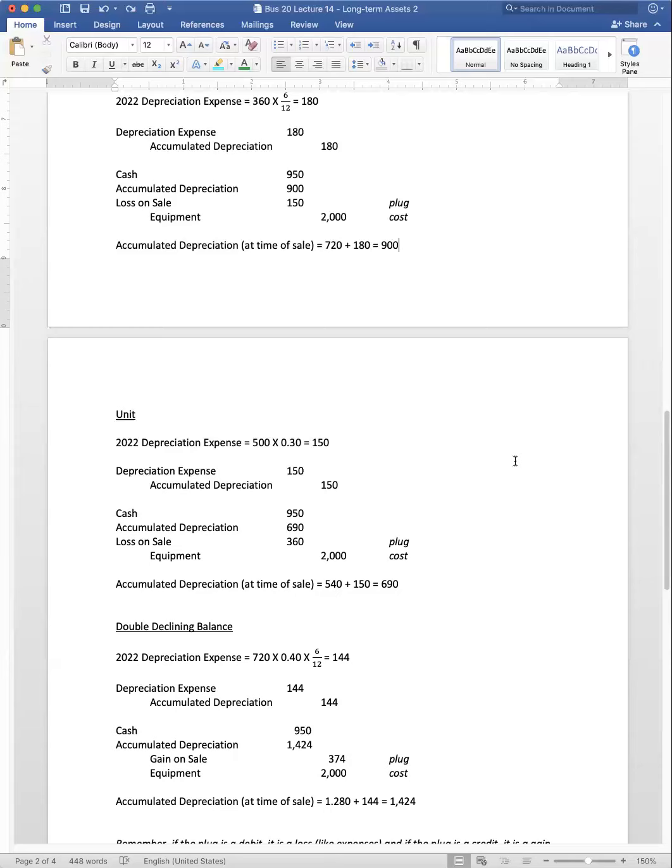I'm going to say, do you remember that example with Nate Company where we sold the equipment and we had different amounts of gain and loss? I'm going to bring that up in a few weeks, and you're totally going to remember it. I know you are. But my point at that time will be that the amount of gain or loss is dependent on the amount of accumulated depreciation that was taken. So it's entirely dependent on the depreciation as to whether we have a gain or a loss and how much.